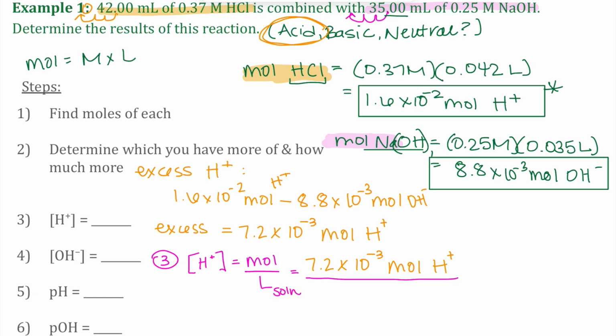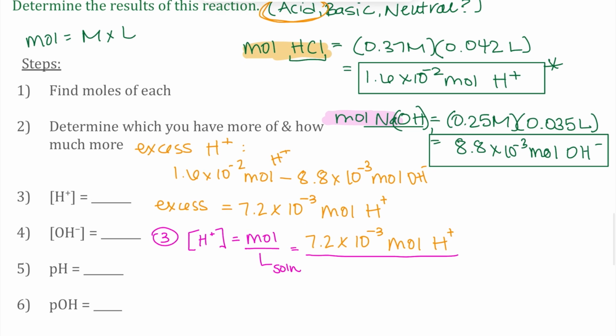And so as I look at this, I have 2 solutions that are getting put together. I have those 42 milliliters and the 35. So when I add those together and combine those, I need that total volume.